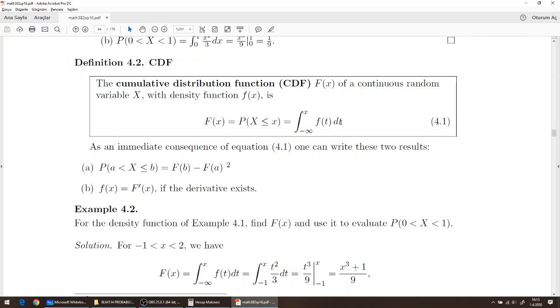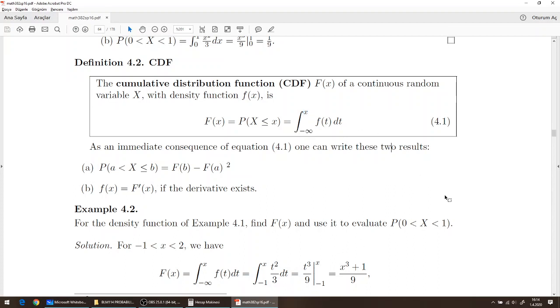Instead, we use t, dt, because x is the upper boundary of the interval. Why? Because we want the integral to give a result as a function of x. So we use it from minus infinity, this is important, up to x.